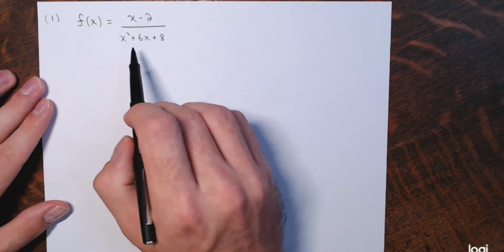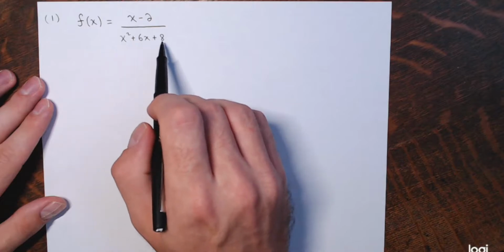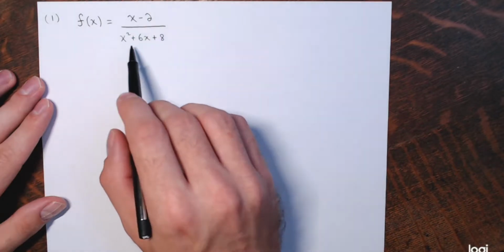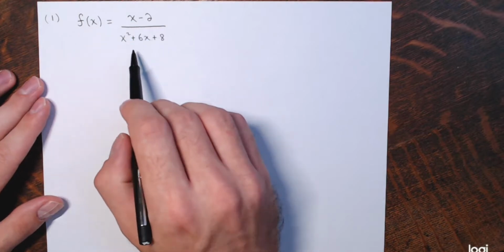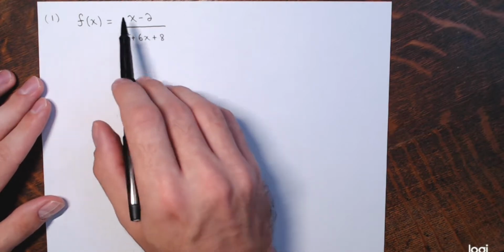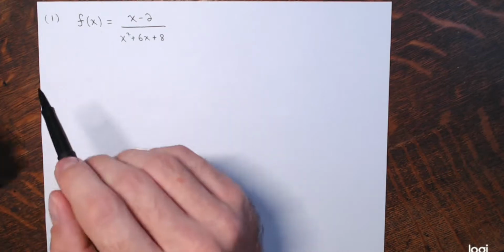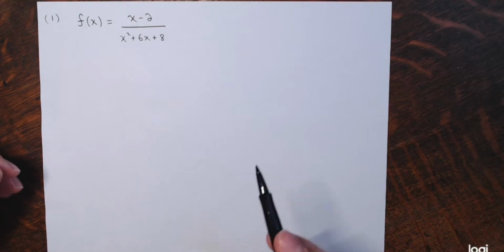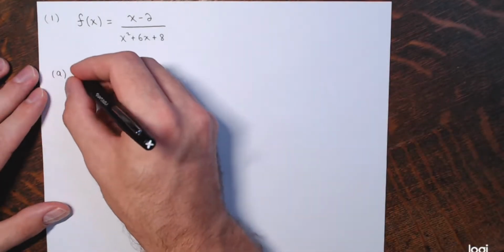This rule, x minus 2 divided by x squared plus 6x plus 8, is just describing how you take the input value and get the output value, how you take the x value and find the y value, or the f value, the value of f.